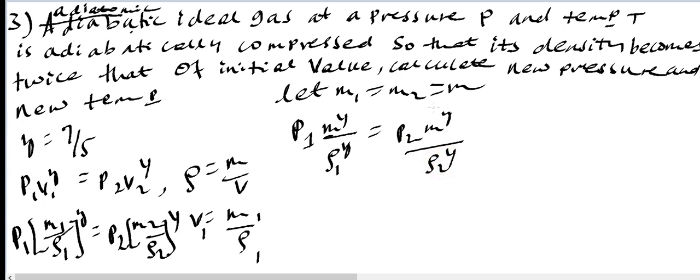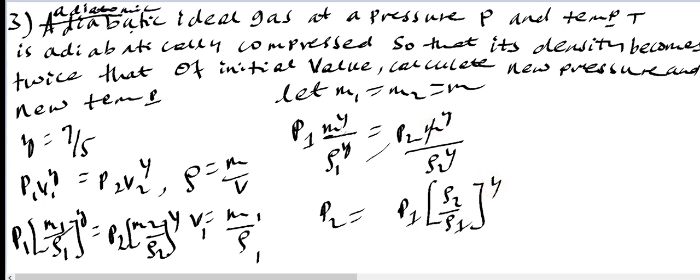Then P2 is P1 into density 2 over density 1 to the power of gamma, since m cancels with m. Density 2 is twice density 1.